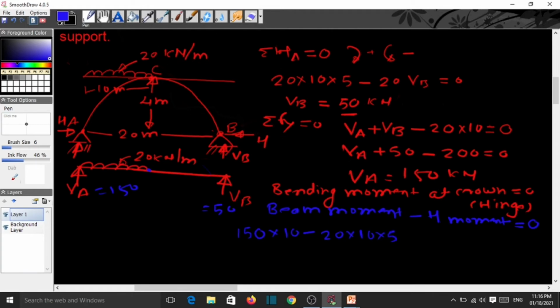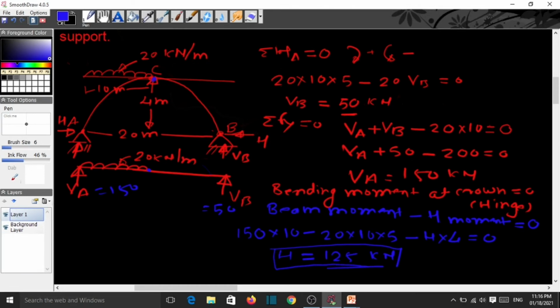And then the H moment is minus H into 4 meter, equal to 0. So we got H is equal to 125 kN. In this way we got the value of H.